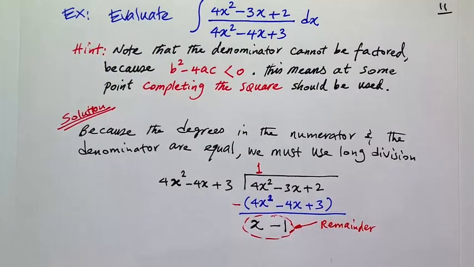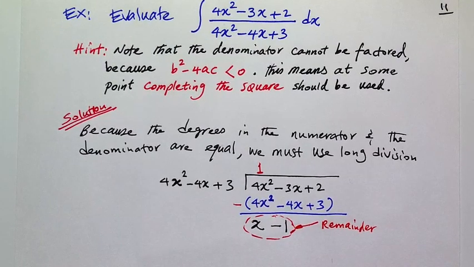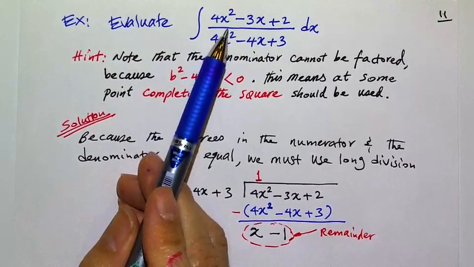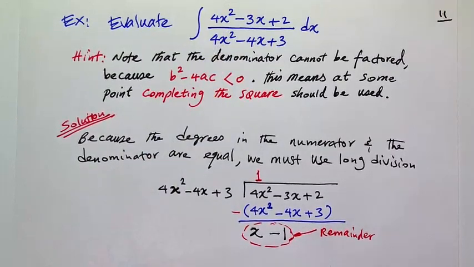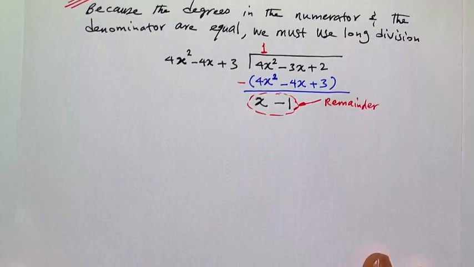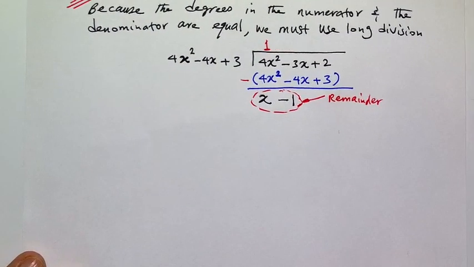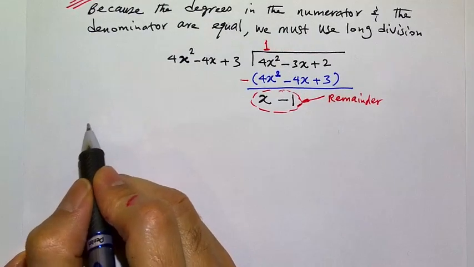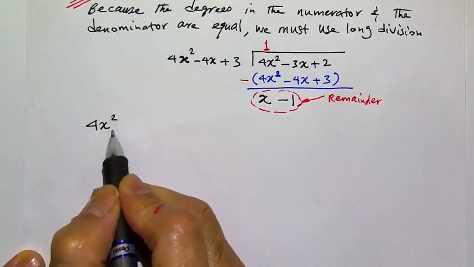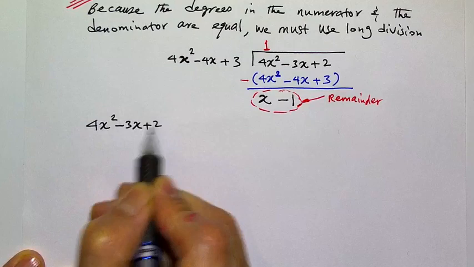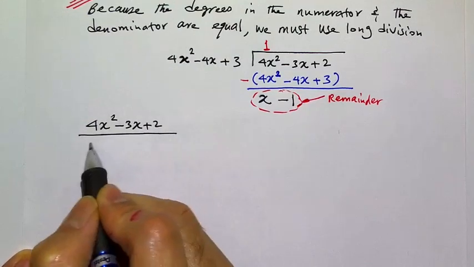Remainder. And then so the original expression, which you can see at the top, can be written in this form. And I have to move this up. It can be written as, so this is what we had.